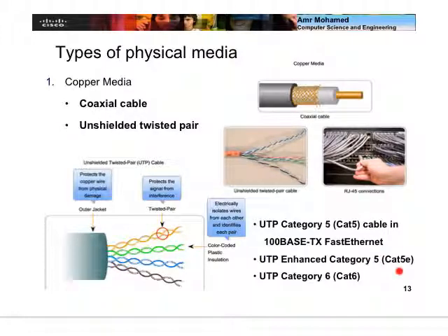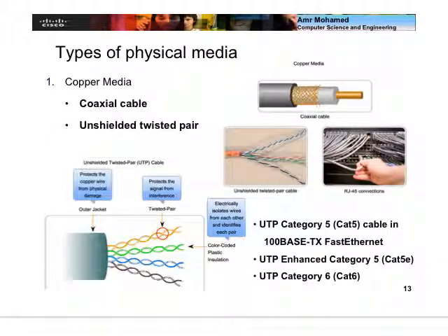This one is Cat5e. Cat5 is usually used for fast Ethernet, or 100BASE-TX. TX here refers to the fact that this is Cat5, and it's also used for 100BASE-T. 100BASE-T means that you have a theoretical bandwidth of 100 megabits per second for Ethernet.